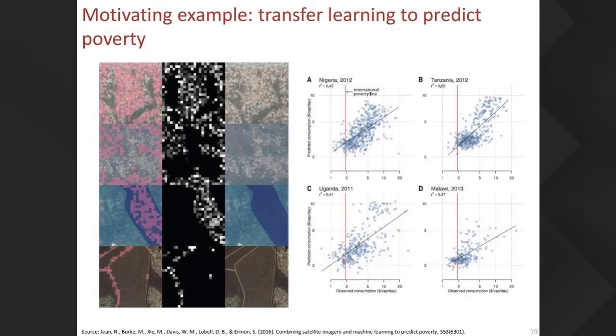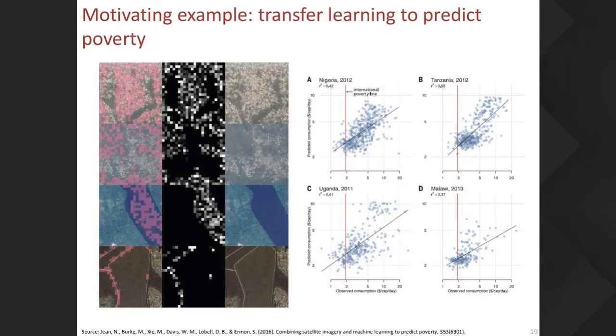But they were able to fit a function to predict poverty. And what they're showing in this left set of plots is that the model is implicitly learning where rivers and streets are. It's learning where forests are. It's learning things that aren't just where people are, implicitly, in trying to learn this nighttime lights mapping. But they're recombining these different learned features in intelligent ways to say something about poverty.